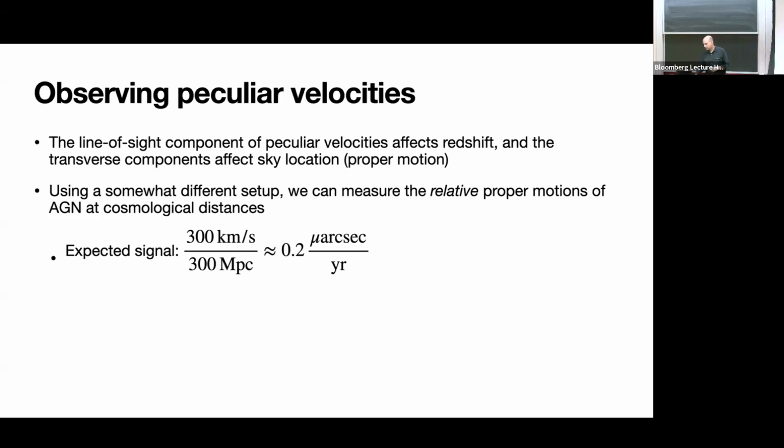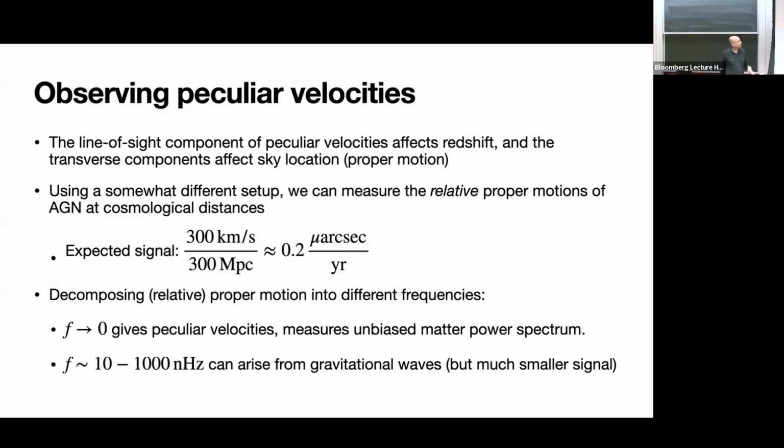Okay, why would you care? If you can map out the velocity field around us, like the velocity power spectrum, this velocity field directly gives us an unbiased measurement of the growth of the matter field, i.e., an unbiased measure of the matter power spectrum.